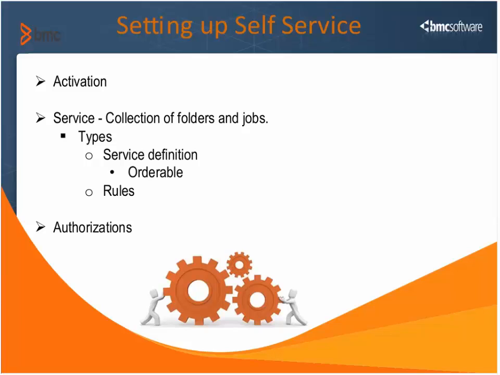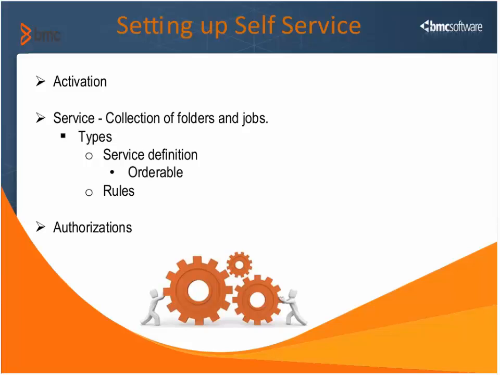We must use the service definition to create orderable services, which are the only way to order jobs or smart folders through self-service. Service rules enable us to manually or automatically generate multiple services based on filtering and grouping criteria. With the service rule, we don't need to create multiple individual services using the service definition option. So it can save us a lot of time.